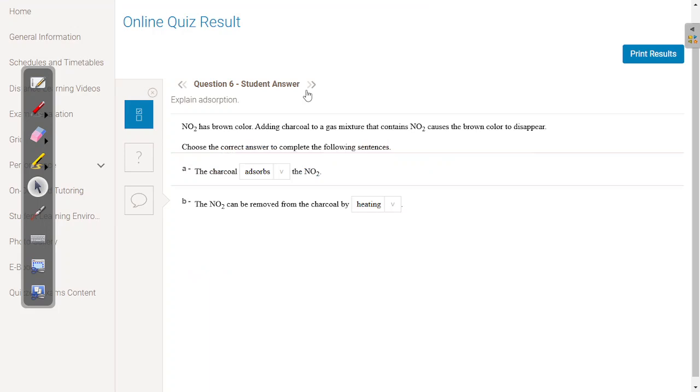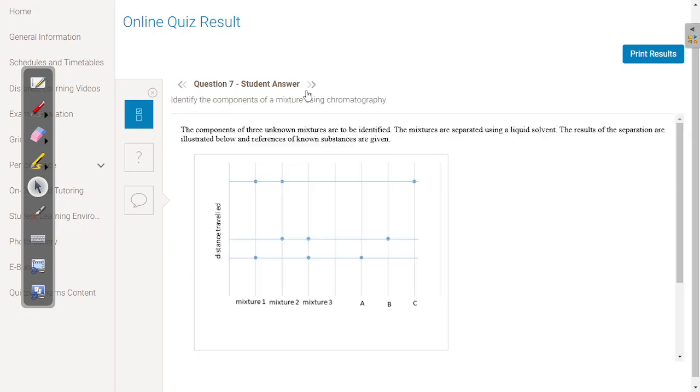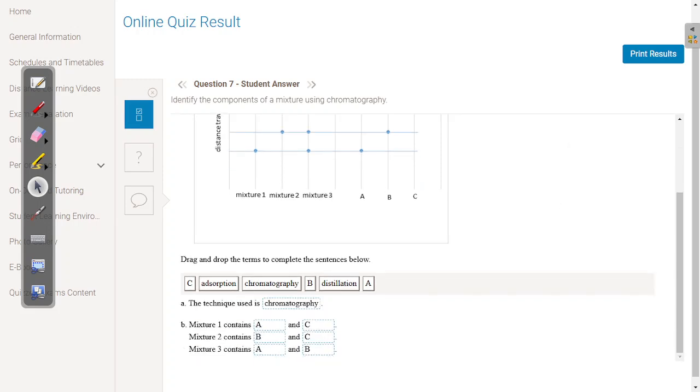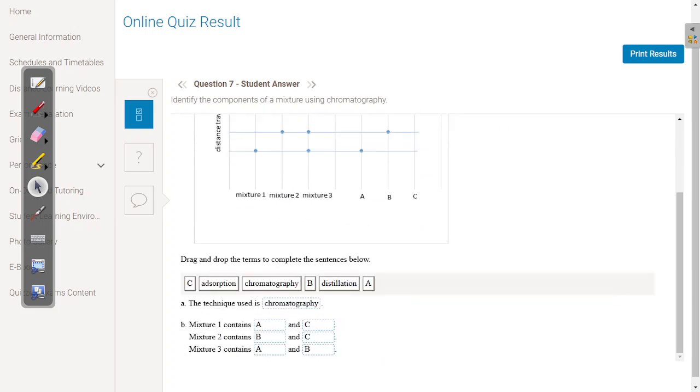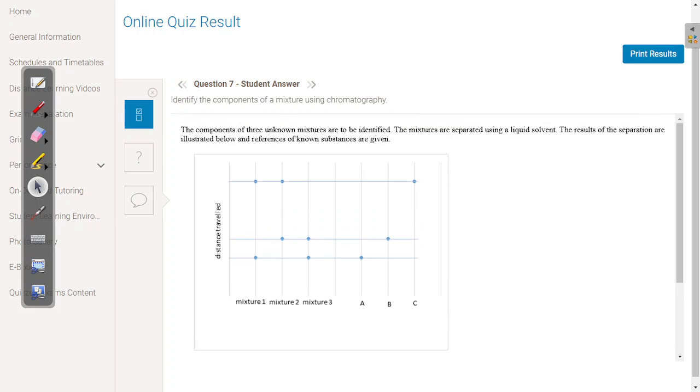This absorption, we didn't take it. The technique used is chromatography. It's obvious, because you put mixtures and then they have these dots.